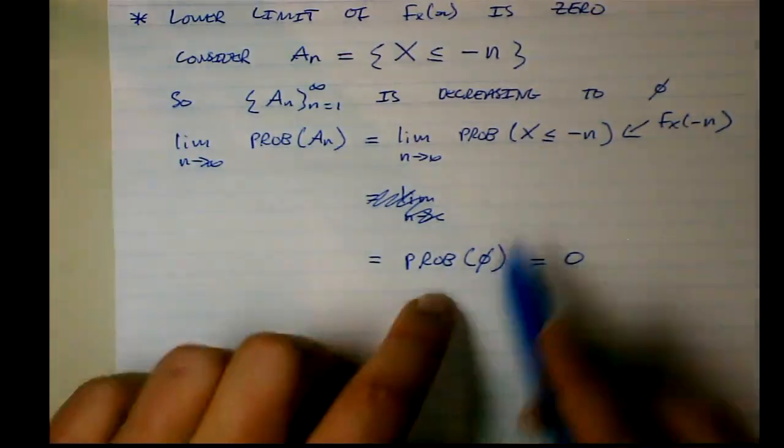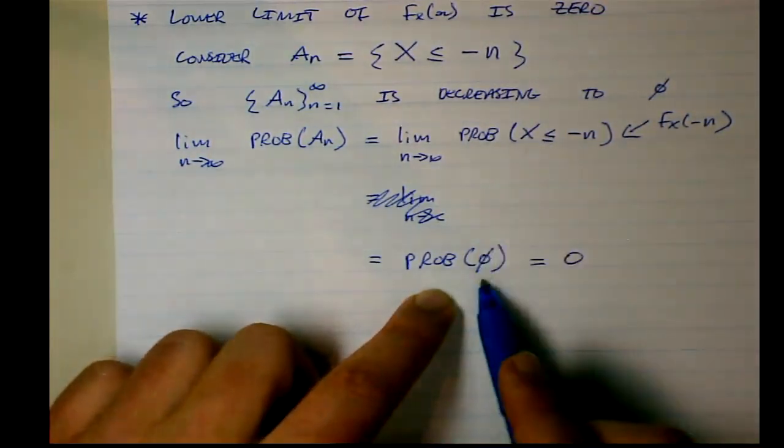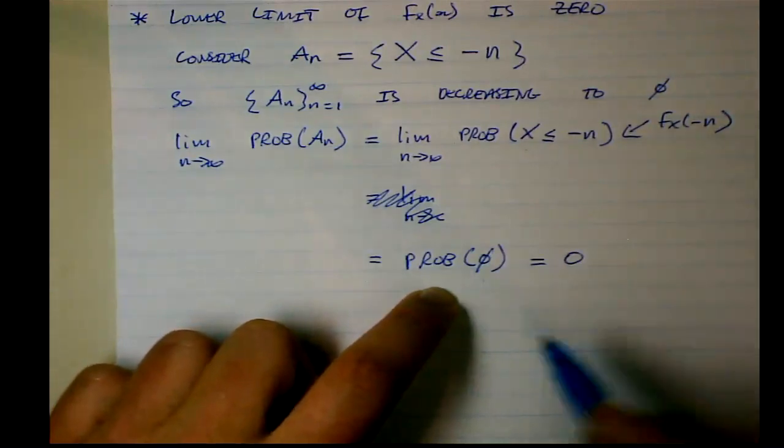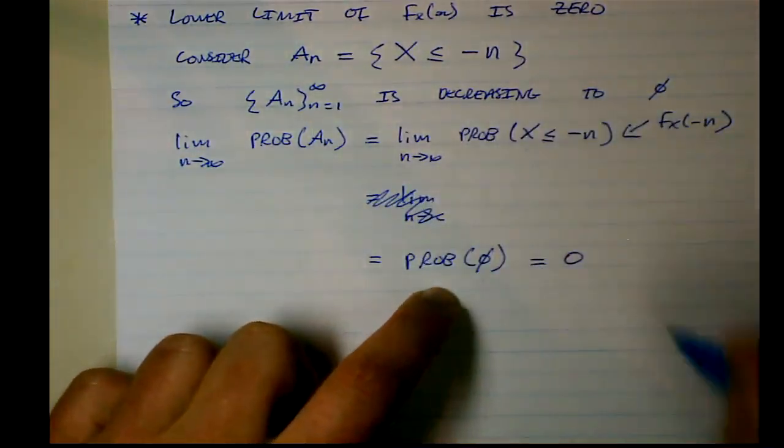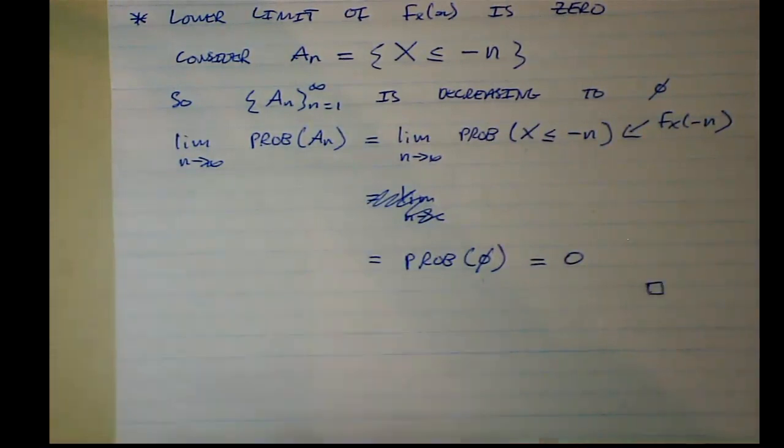And we use continuity of probability to go from this line to that line, and the fact that our sequence of events is decreasing to the empty set. So that is the end. Everyone happy? Okay, good. So that is that the lower limit is 0.